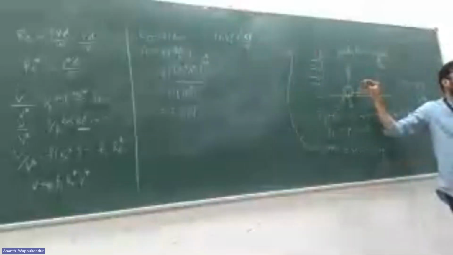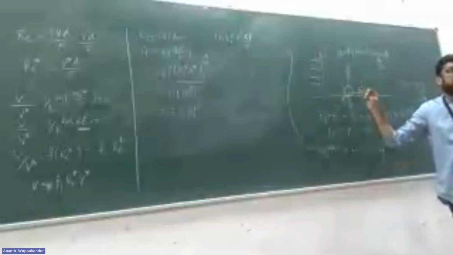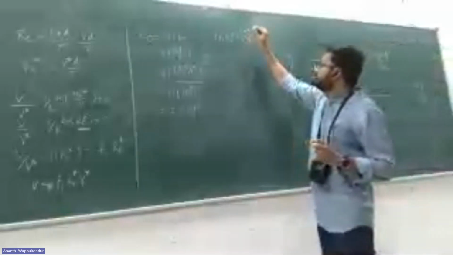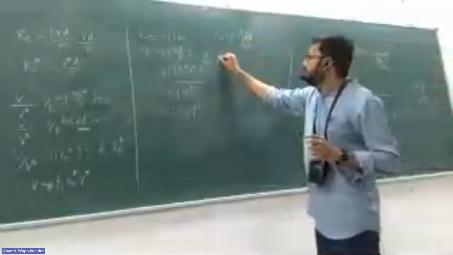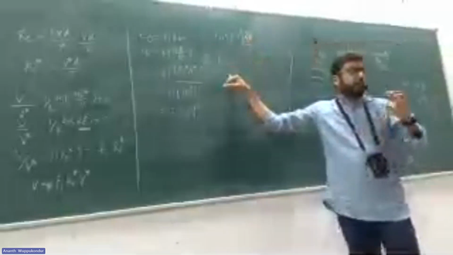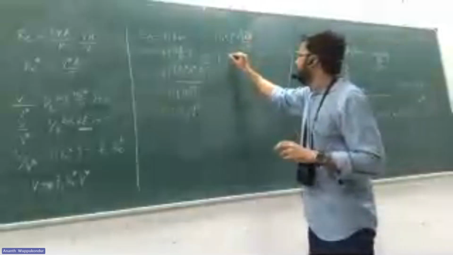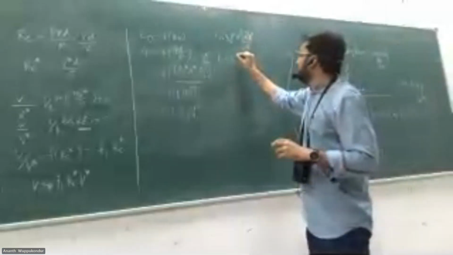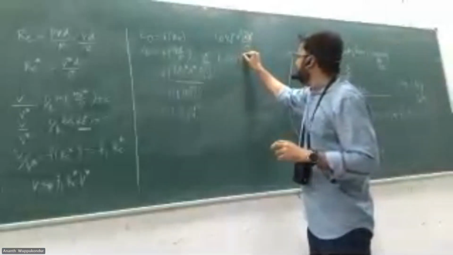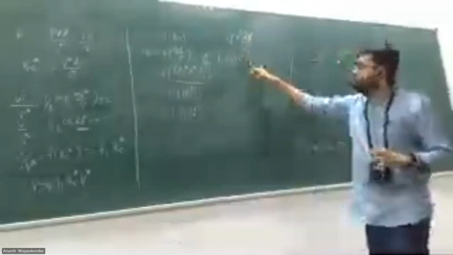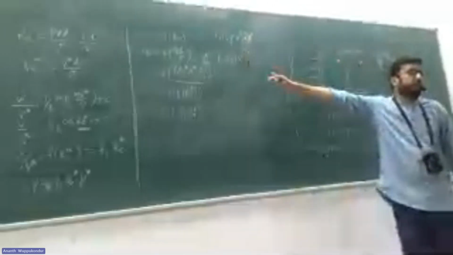Now, usually the sediment particles are not spherical, so they're not ideally spherical, right? So they have irregularities. To account for that, I'm going to bring in a factor to account for the irregularities that deviate from the spherical shape, that is K1, CD rho. So this is what you have on the right hand side.